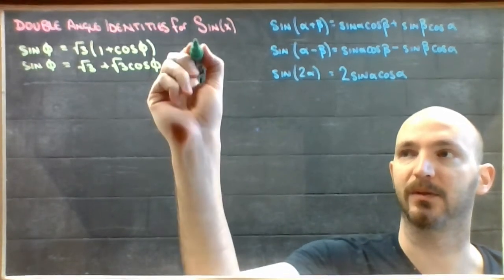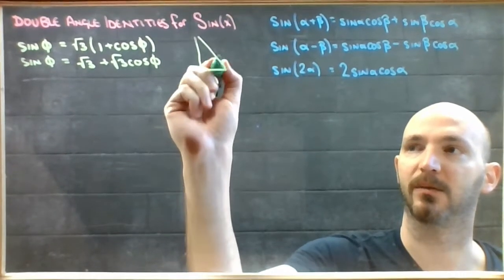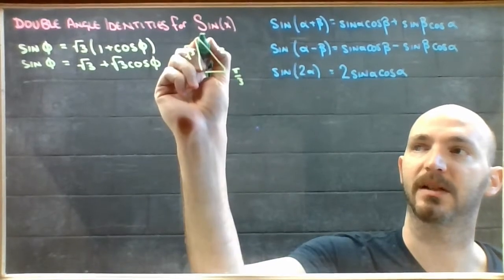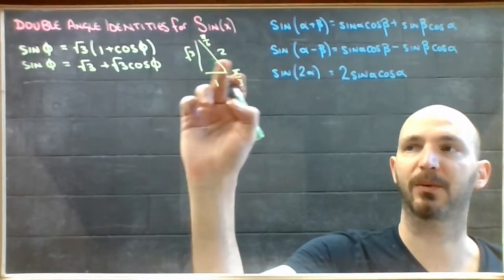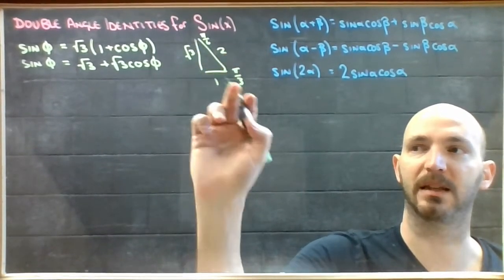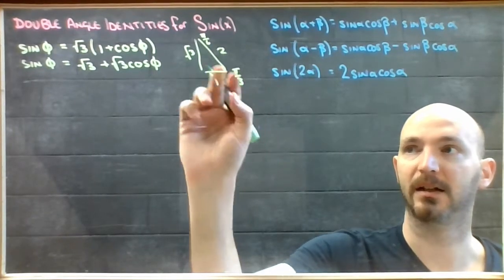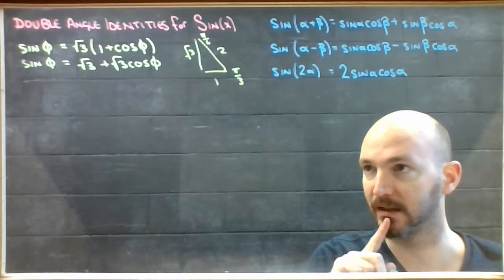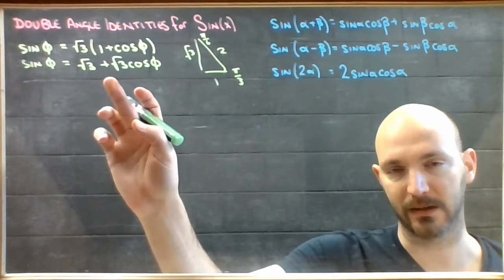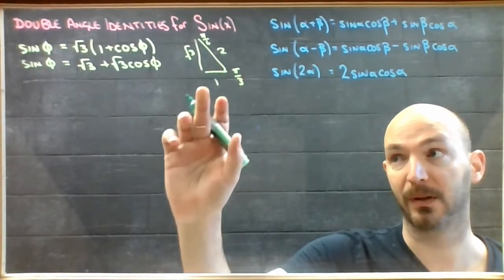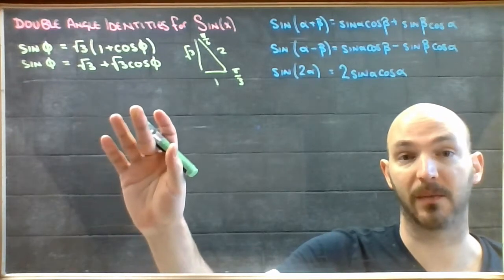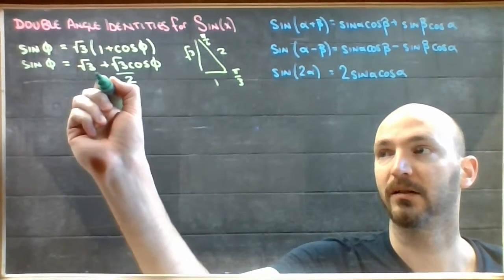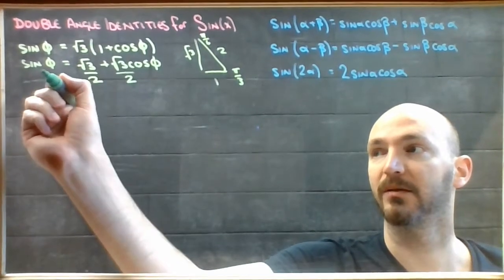If you draw your triangle there, 1, 2, root 3, pi over 3, pi over 6, root 3 over 2 would be the sine of pi over 3, and root 3 over 2 would be the cosine of pi over 6. So I want root 3 over 2, and there's nothing stopping me from making that. I just have to make sure I divide everything by 2.